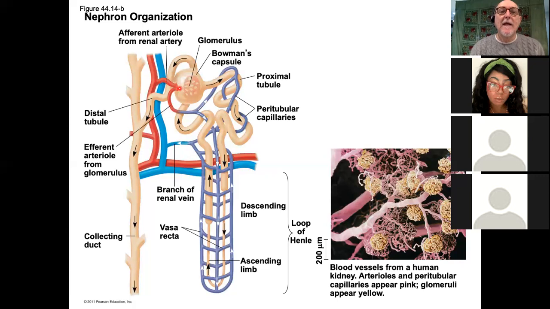Here's an arteriole. It branches into a knot of very fine arterioles here. They are arterioles because they're still under strong blood pressure. And they exit this knot as an arteriole here, not as a vein or venule, because this is all under pressure. It's part of its functioning.